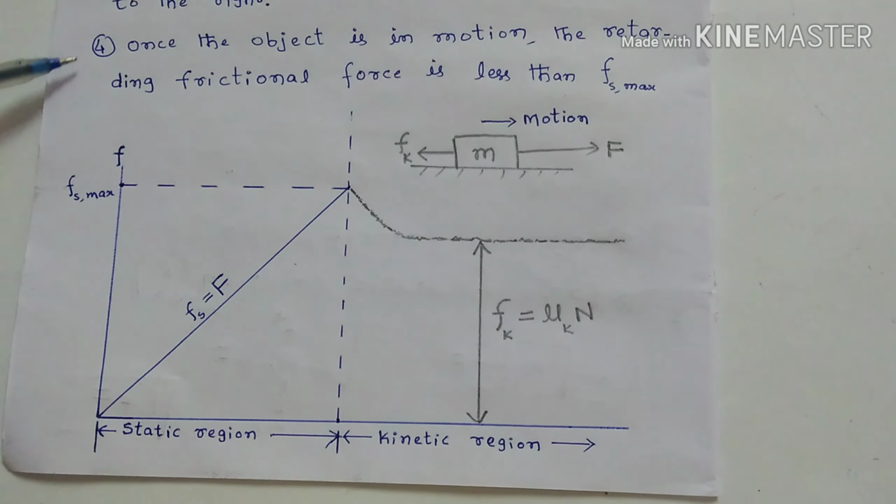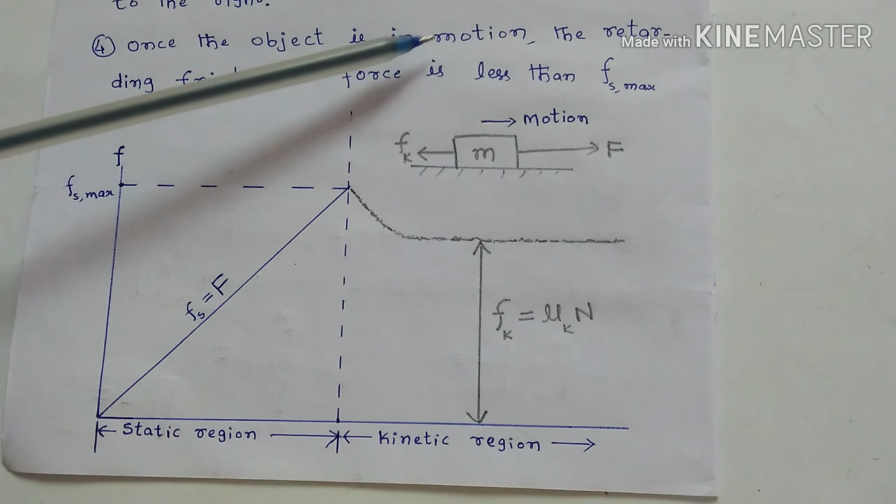I have represented this concept with a graphical representation. On the x-axis, I am applying the external force. On the y-axis, how the frictional force is coming. You watch the graph, you will understand very clearly. The fourth point is this.